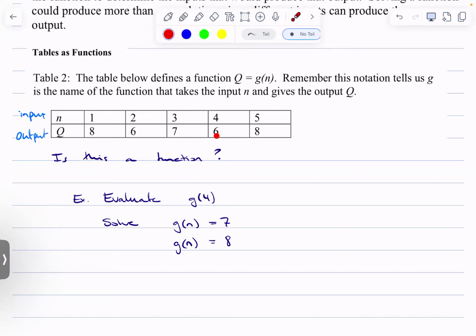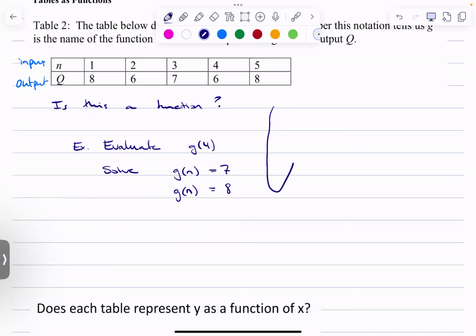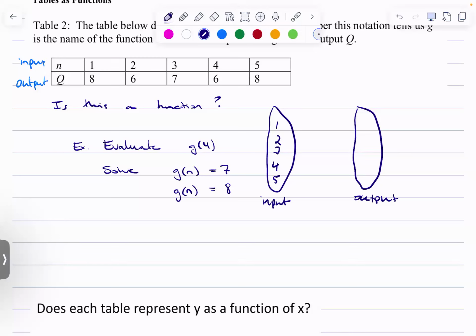It's not one-to-one, because, I think the easiest way to visualize this is to have your input and your output. You can have 1, 2, 3, 4, 5, and your possible outputs seem to be 8, 6, 7.